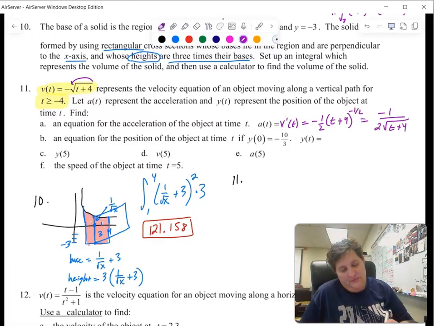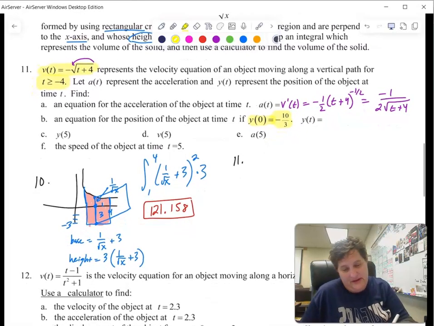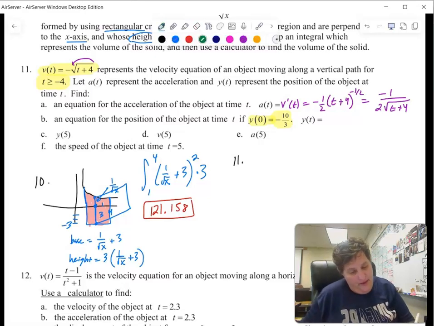And then an equation for the position, and it gives me an initial condition, which allows me to find C. So now I'm going to say, okay, my position is the integral of velocity, which is the integral of negative square root of (t plus 4) dt.